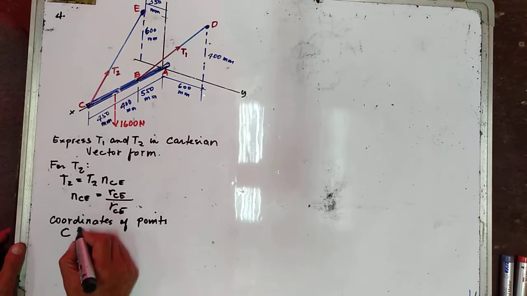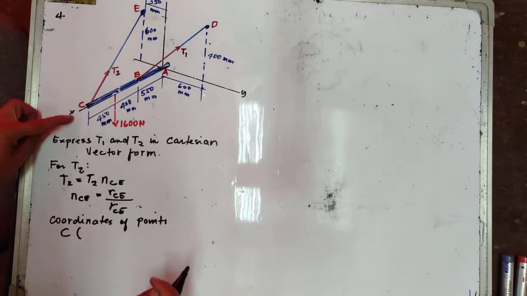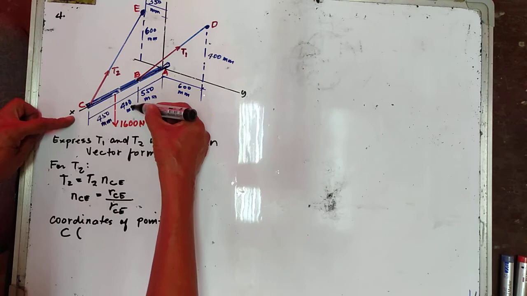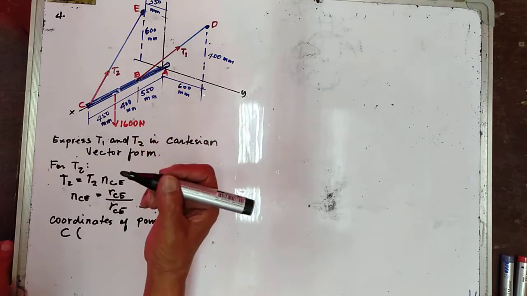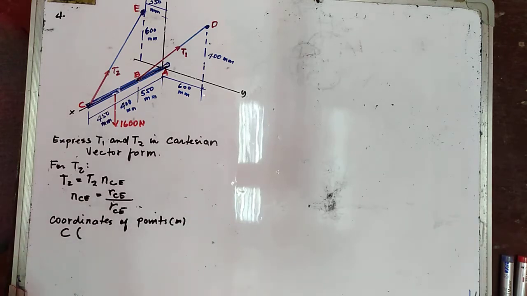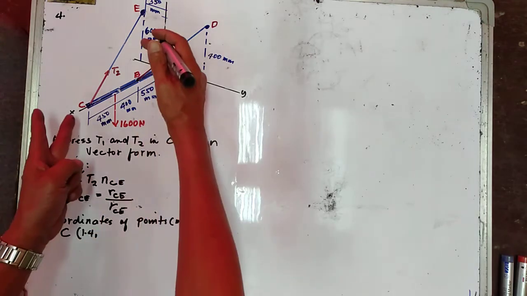Let's start with point C. The x coordinate of point C is 550 plus 400 is 950 plus 450 is 1,400 millimeters, or that is equal to 1.4 meters.